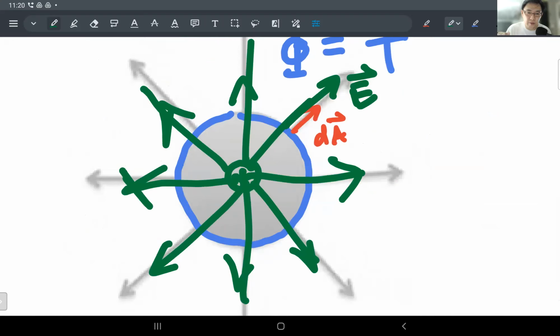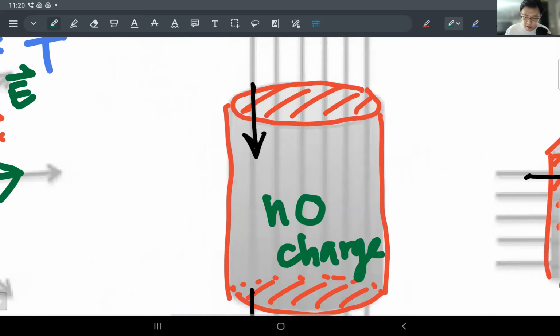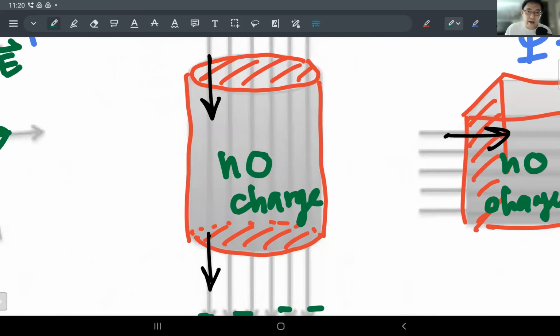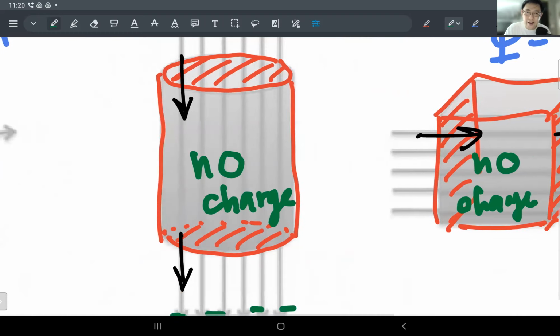You should be able to investigate and find a clue that there is electric field leaking out of the closed surface, so there must be some charge inside. But when you look at this one, I don't have any evidence of electric field piercing out or piercing in. So I can conclude that there must be no net charge inside this closed surface. Does that make sense?